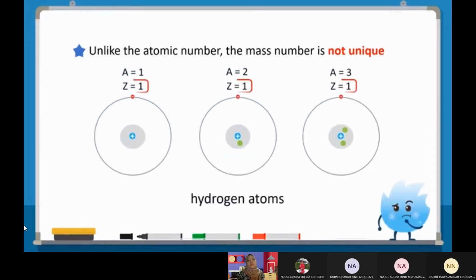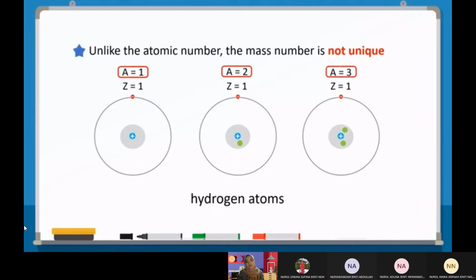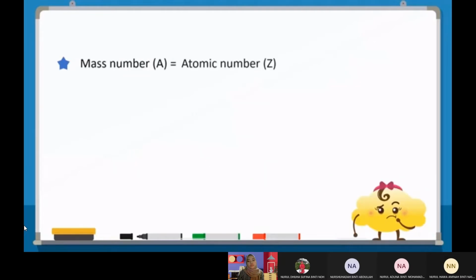Look, hydrogen always has the atomic number of 1, but its mass number could be 1, 2, or 3. The different mass numbers are due to different number of neutrons in the nucleus. The more neutrons there are, the higher the mass number. Therefore, we cannot identify the atom based on the mass number. Mass number equals the atomic number plus number of neutrons.